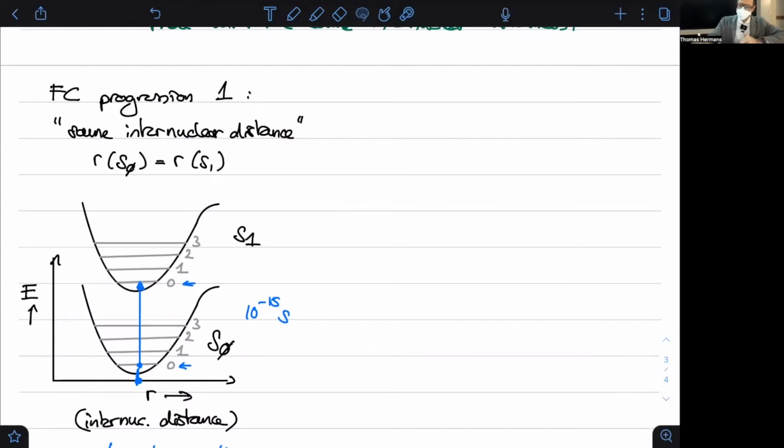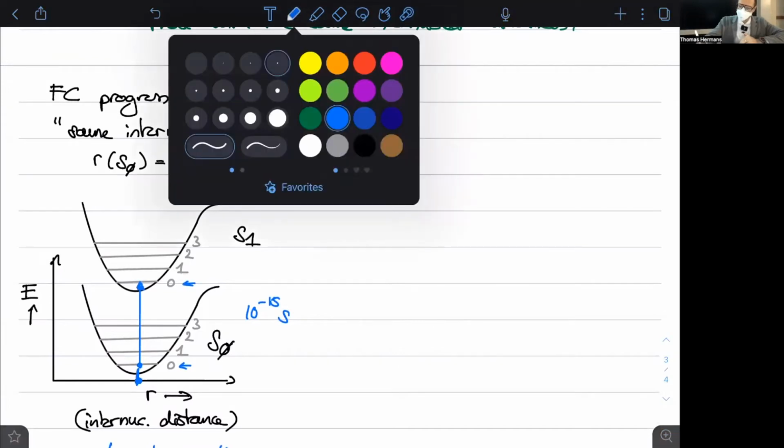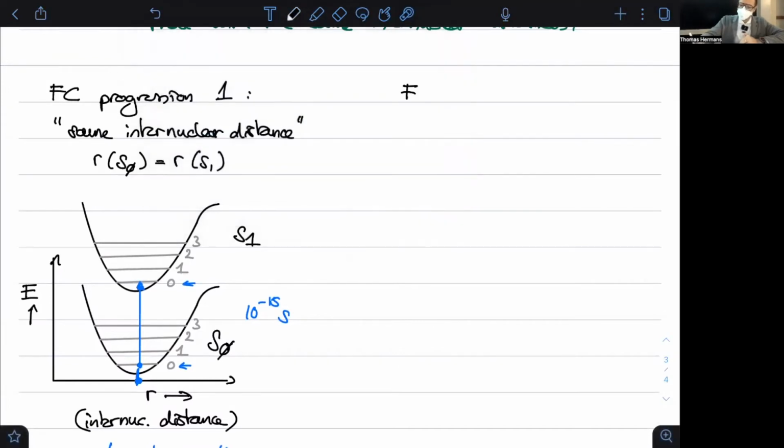So now if we look at the second Franck-Condon progression, we're going to look at different internuclear distance R. So either R can be smaller in the excited state, or R can be larger.